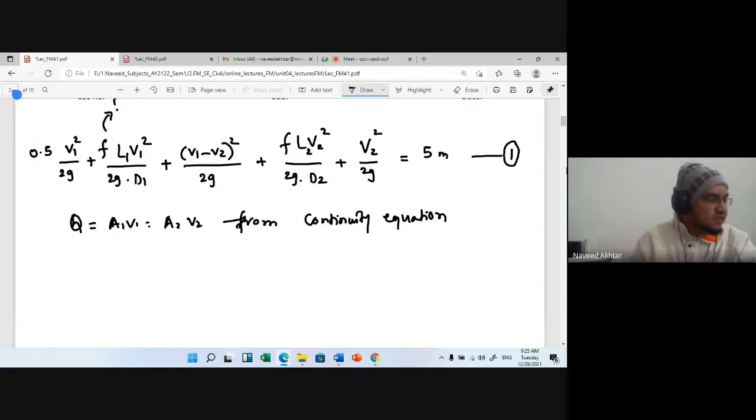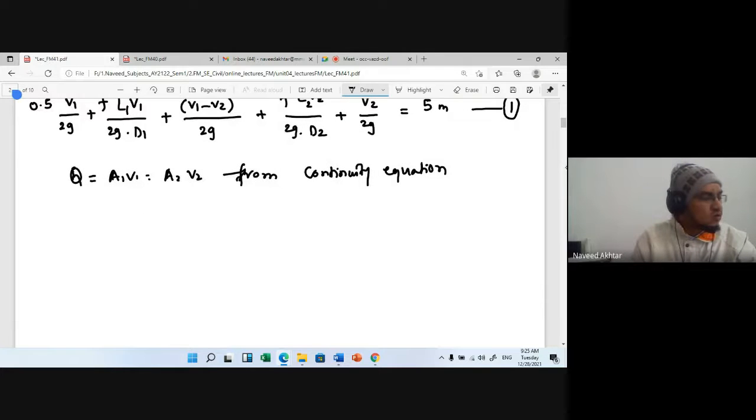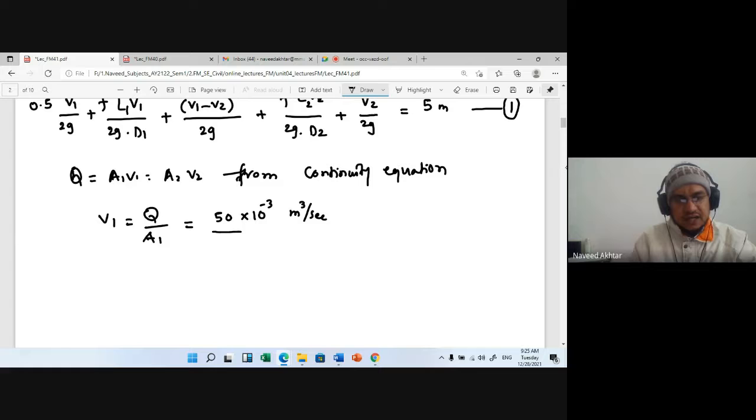So V1 is equal to Q upon A1, and the discharge is already given as 50 LPS, so 50 into 10 raised to minus 3 meter cube per second, divided by area pi by 4 into diameter of pipe 1, 0.2, whole square.